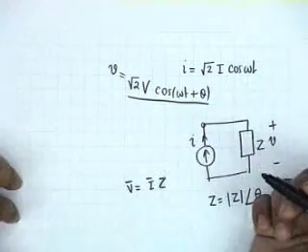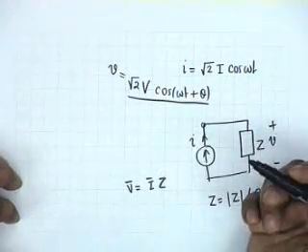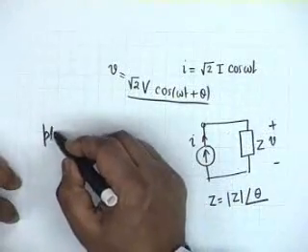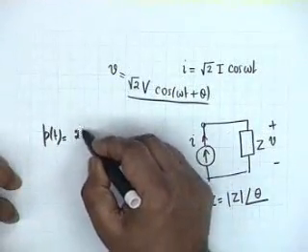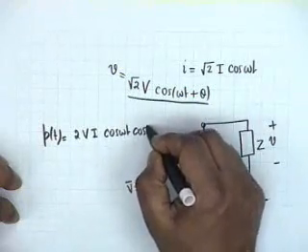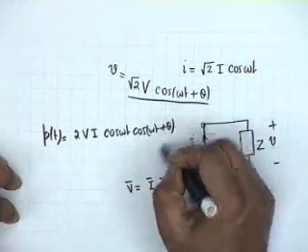Now if this is the situation, then what is the power? Obviously, if you multiply v by i, small p t shall be equal to twice V I cosine omega t and cosine omega t plus theta.